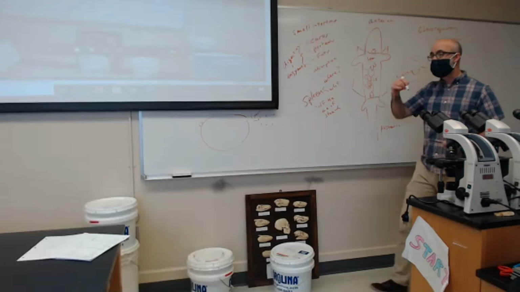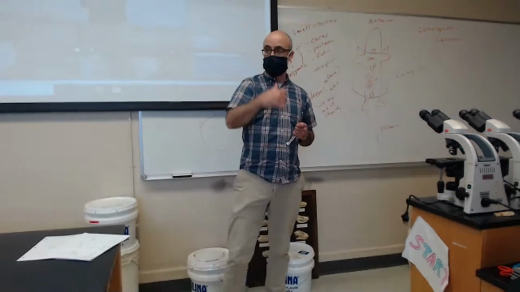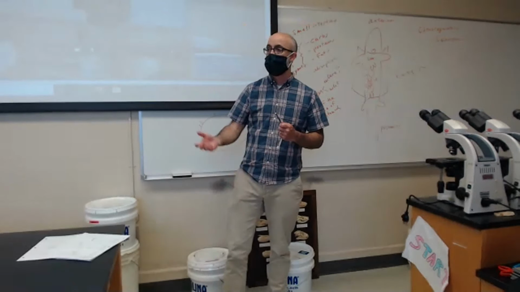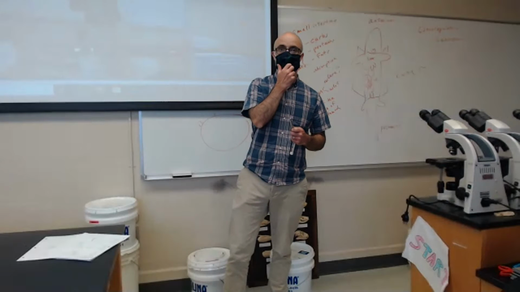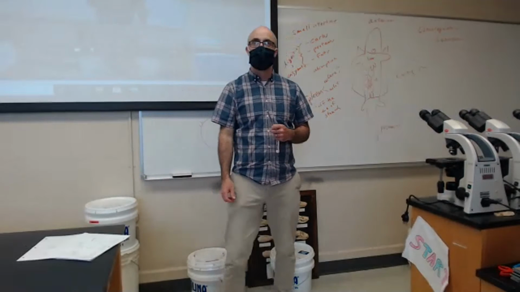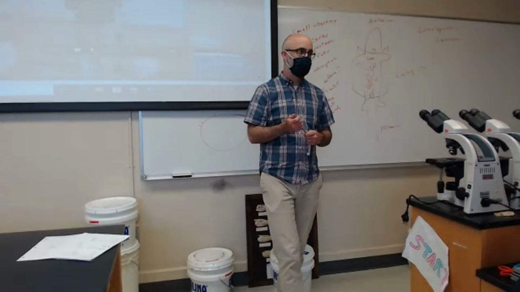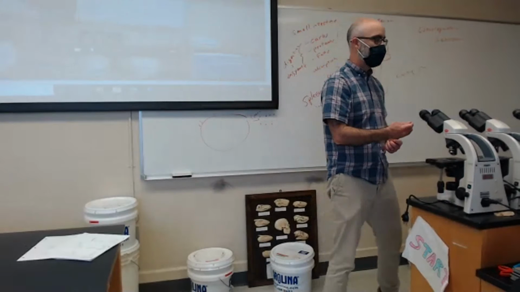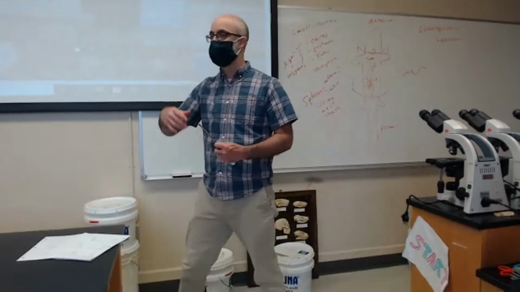So the things that are in your blood that shouldn't be there are removed by the kidney, right? Nitrogenous waste that comes from digesting proteins is removed. Things like salts are removed, right? If your blood has too much water in it, it's removed.